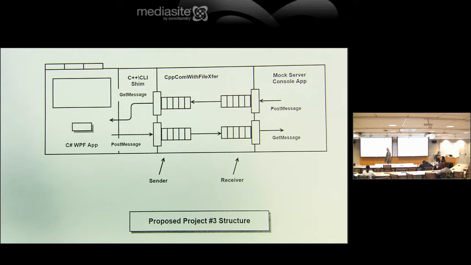So I strongly recommend that we do a C# WPF app and a C++ CLI shim, and I'm going to be talking about all those things. On Tuesday, we're going to finish up sockets, and we'll probably begin talking about WPF. And then on Thursday, we'll finish up WPF and talk about C++ CLI.